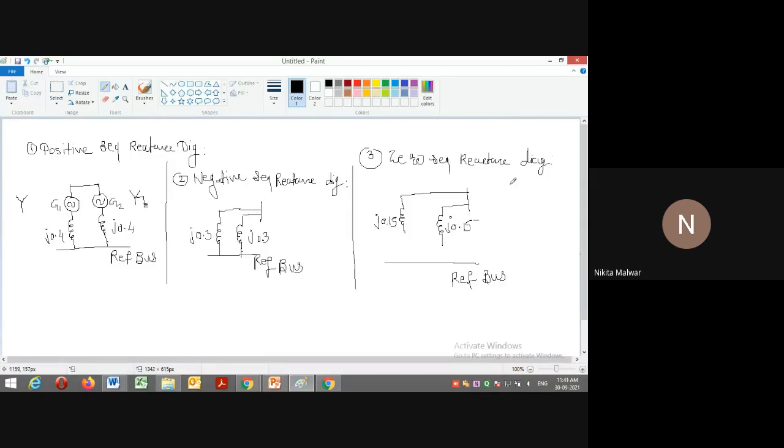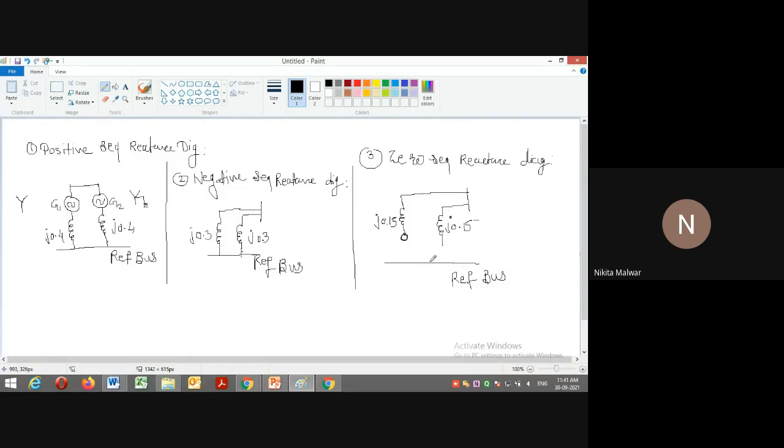So now, to draw the zero sequence reactance diagram, you have to consider all these connections, that means star and star grounded. Let us draw this star connection. This is also called an isolated star connection, isolated from the reference bus.